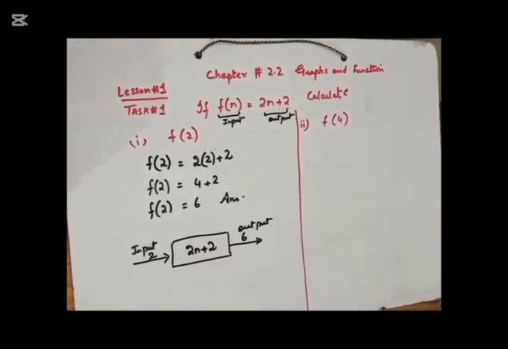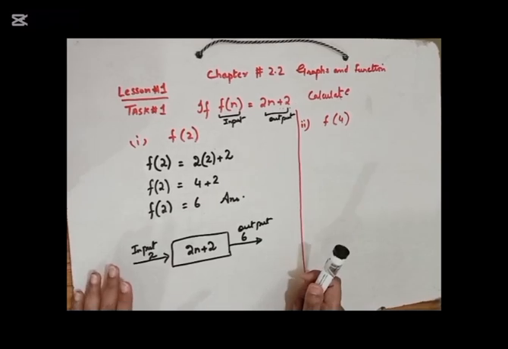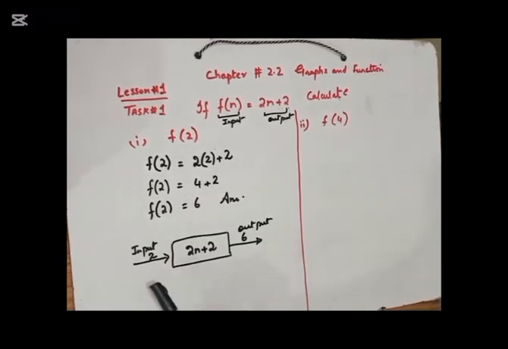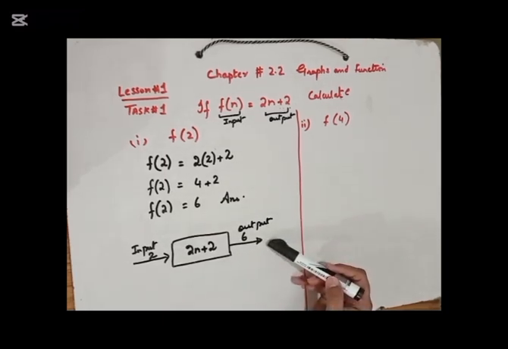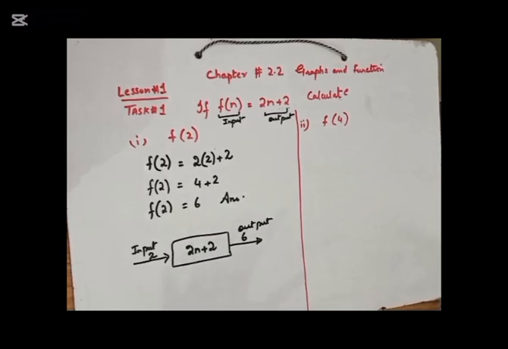So it's very simple to understand the function: in a function you have an input value, and when we put this input value into the given equation we get an output. Okay. So this is all about the function.